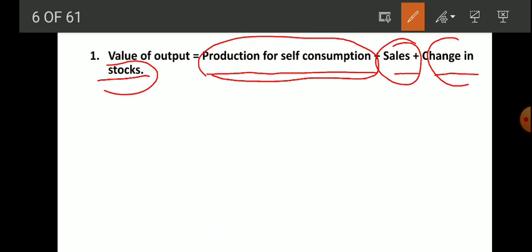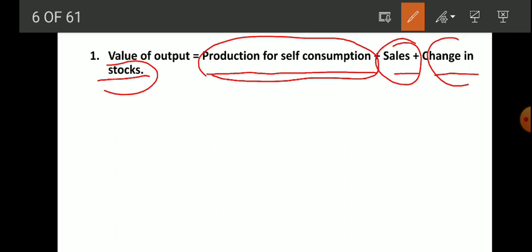So, sales is how much product they are selling. In most of the numericals, you will get only this sales and change in stock part, but in some numericals you might get the production for self consumption part as well. That is why I have mentioned it in the formula. It is better to remember this. So, what is sales?